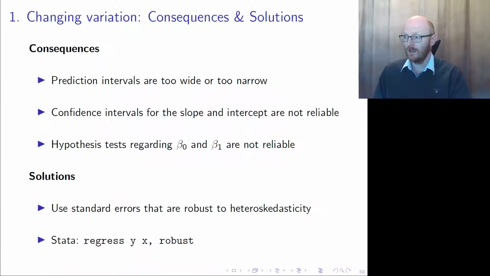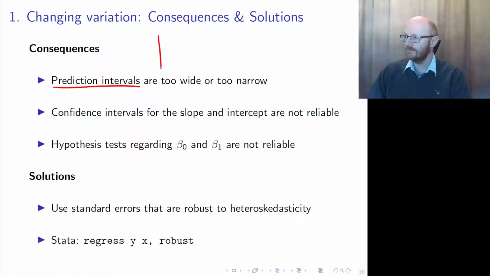The consequence of heteroscedasticity is that the prediction intervals are too wide or too narrow.